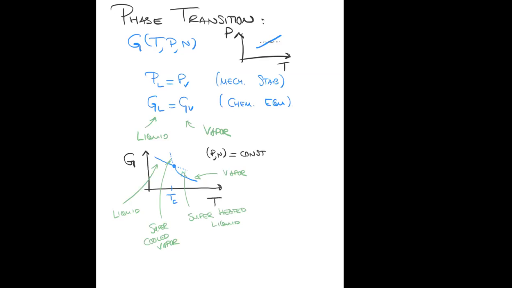And the thermodynamically stable one, the one that's shown as the solid line, is just the minimum. Okay, so the stable phase is the one that minimizes Gibbs free energy.